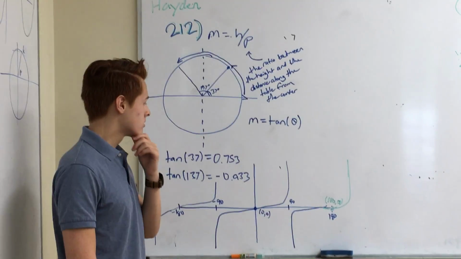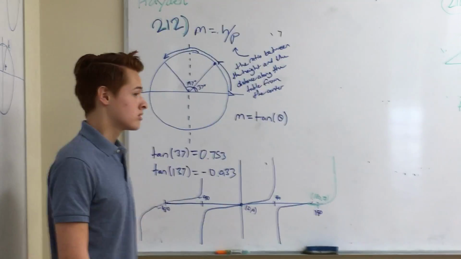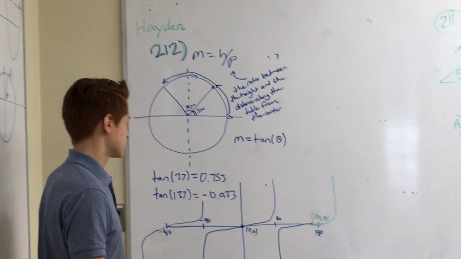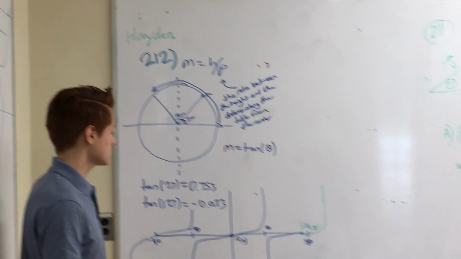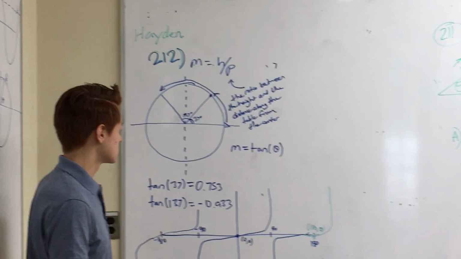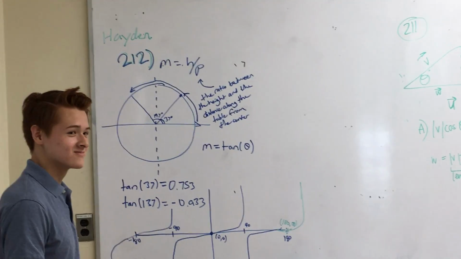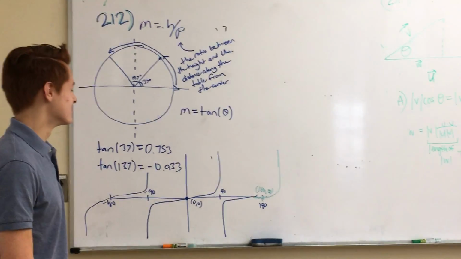Anybody help Hayden with what it really is? It's the ratio between the height and the distance, right? But what's another way you could think of the tangent of an angle? What else is it in the unit circle? The slope. Yes, Dr. D. Everybody agree? It's the slope, right?